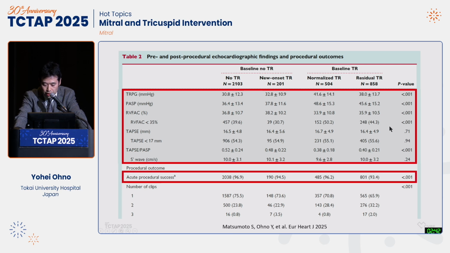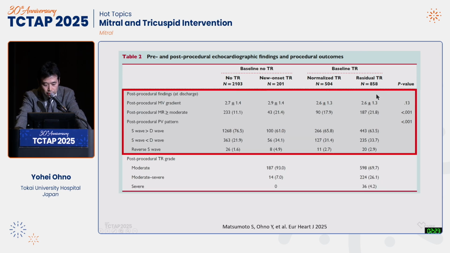Acute procedure success was highest in the baseline no TR group and lowest in the residual TR group, probably because most of those patients had atrial secondary MR etiology.